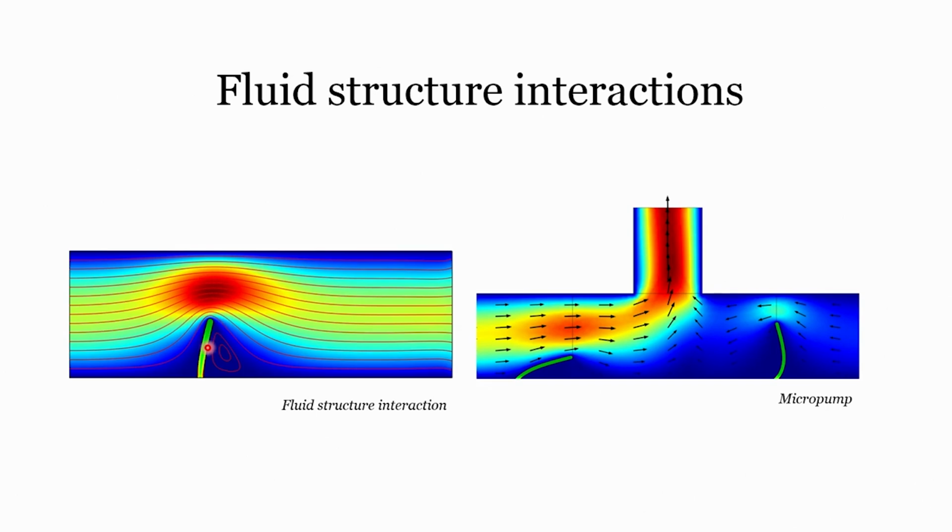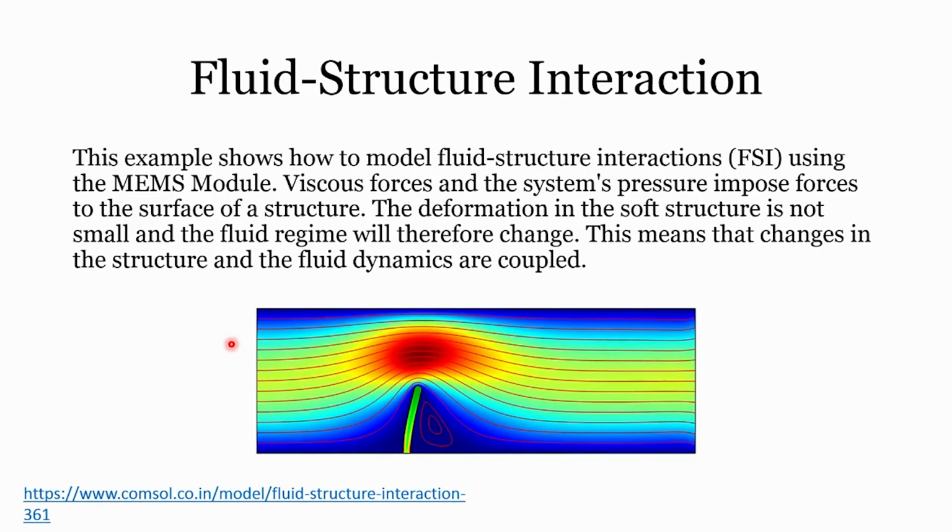We require the moving mesh ALE technique to model this kind of deformation, because we start off with a particular mesh. However, as time goes by, this structure bends, so the mesh also needs to be changed accordingly. So these are the two examples that have been modeled.